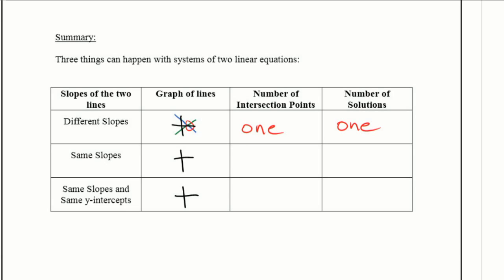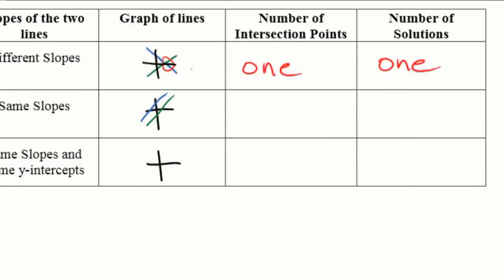If I have lines with the same slope, I would have, we can call it 0 solutions. 0 intersections, 0 solutions.